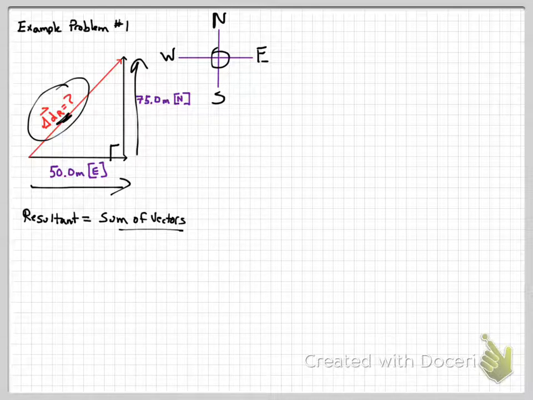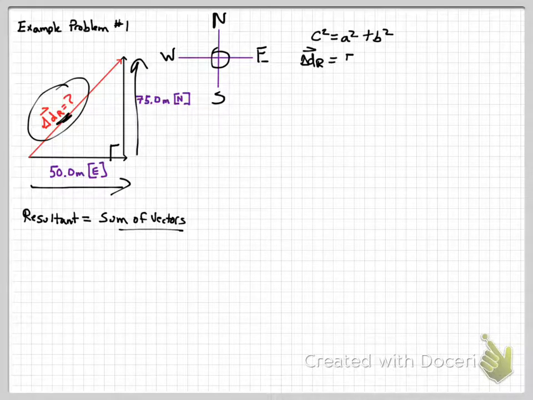So when we look at this question, we can use Pythagorean theorem to solve it. So we can write c squared equals a squared plus b squared. We're going to change our c squared to what we're actually trying to find, and we're trying to find our resultant displacement.